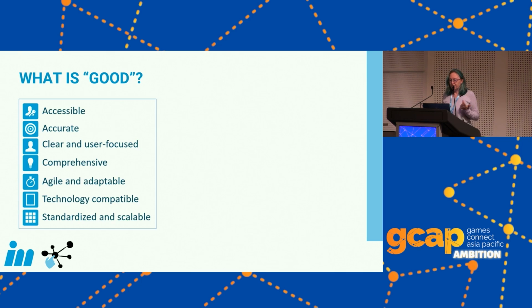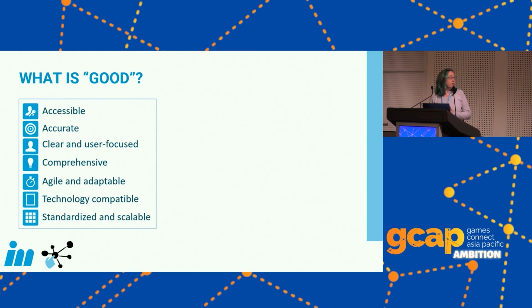So what do we define as good? Good is information that's accessible. I can find what I need and I can use what I find. It's accurate, which means that it must be easy to update for the people who actually make it, so they can easily find where they need to change something, so they don't have to trail through a whole lot of things and try and change it.